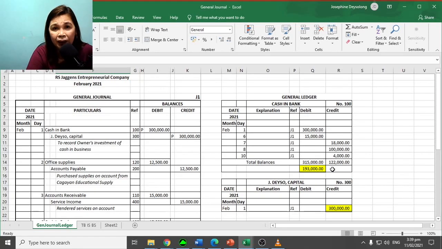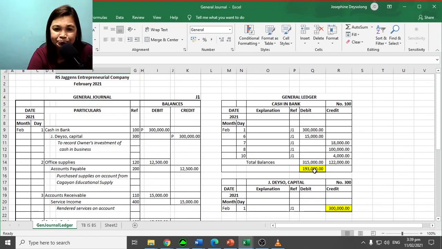Now, my question is, how do you know that it is on the debit side or on the credit side? When we talk about final balance, whichever has the higher amount, then you follow the side of the higher amount.